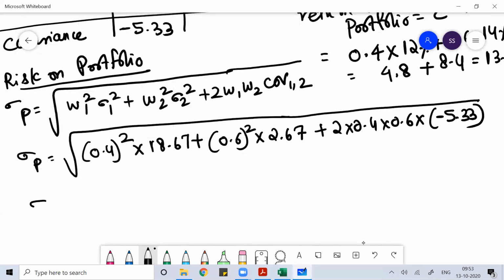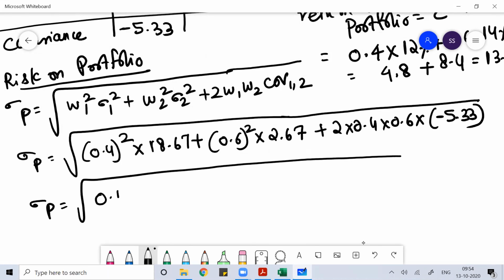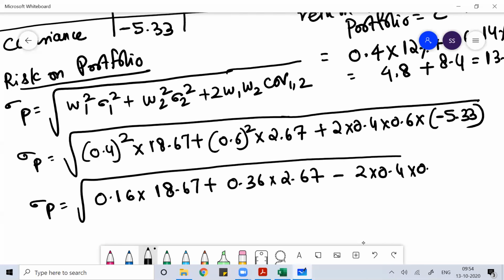Here the minus sign will come. You can solve this.